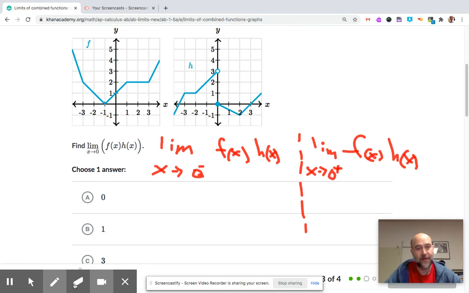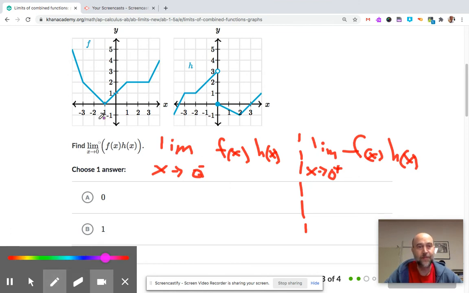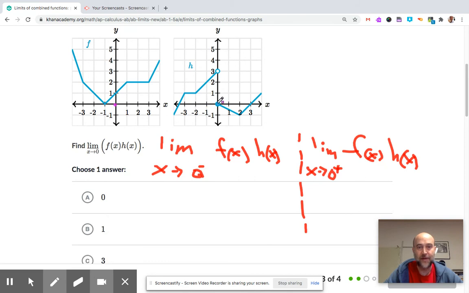So for f of x going to 0, 0 is right here. We got an output of 1 from the left, so this goes to 1. And h of x has an output of 3 from the left.